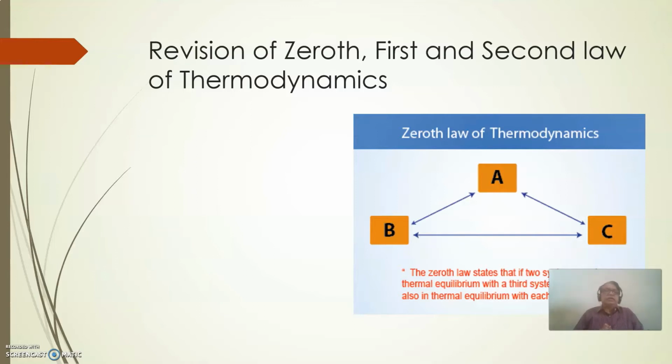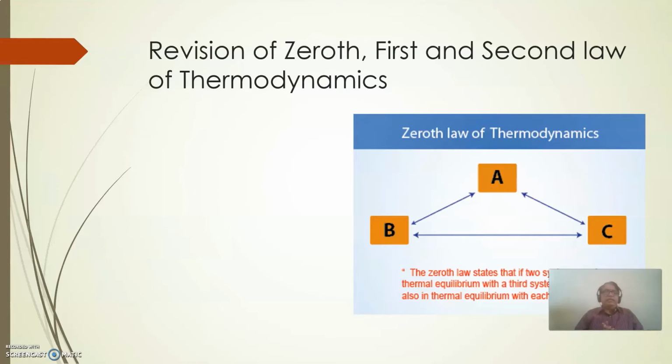If you want to know how the equilibrium of temperature exists, it is explained by the zeroth law of thermodynamics. Let us say we take three bodies A, B, and C. A is in equilibrium with B. That means the temperature of A and B are the same.